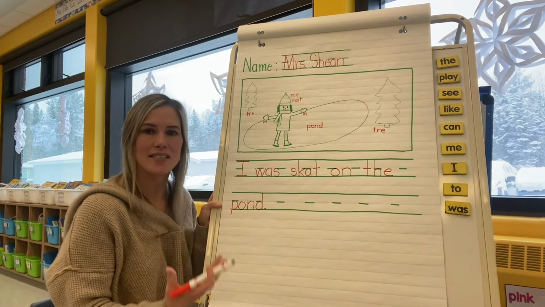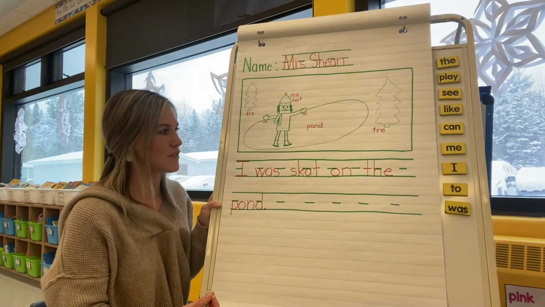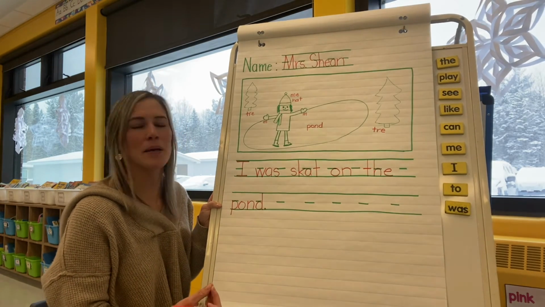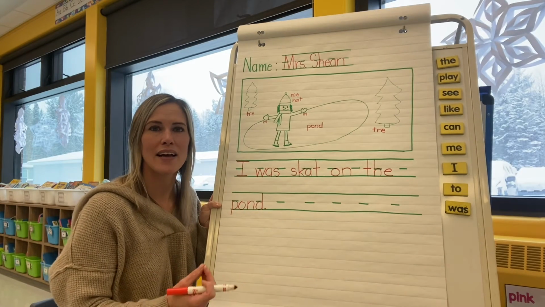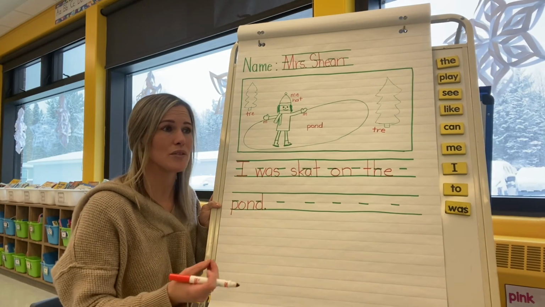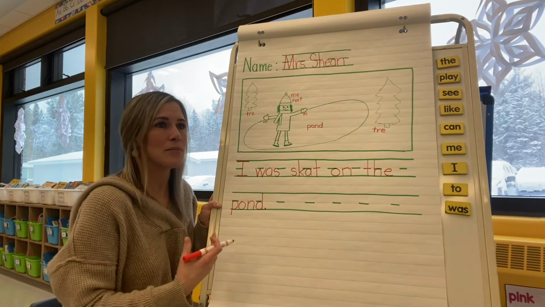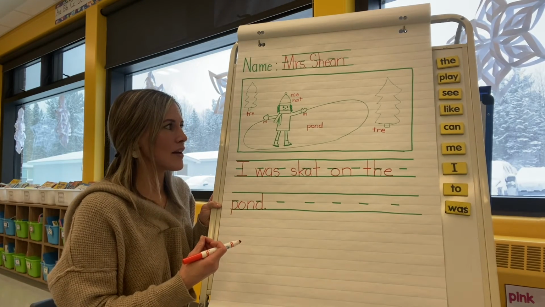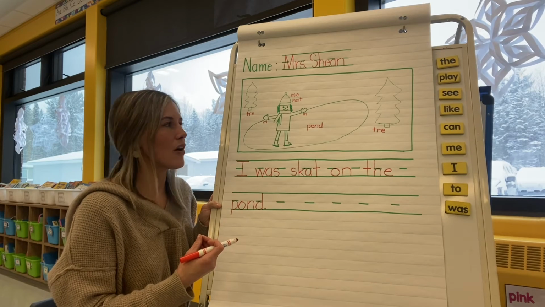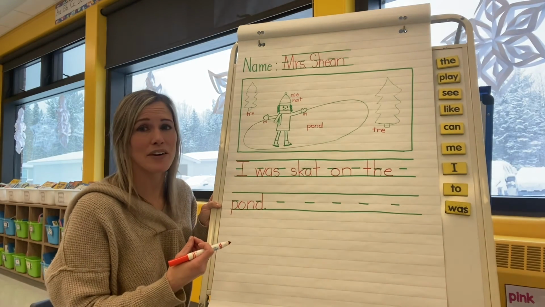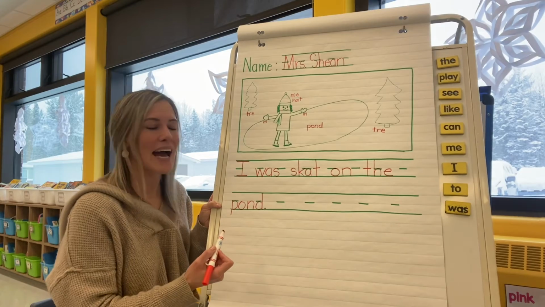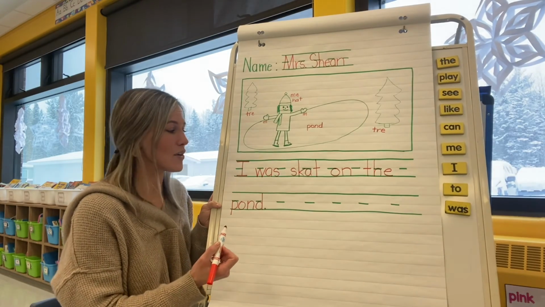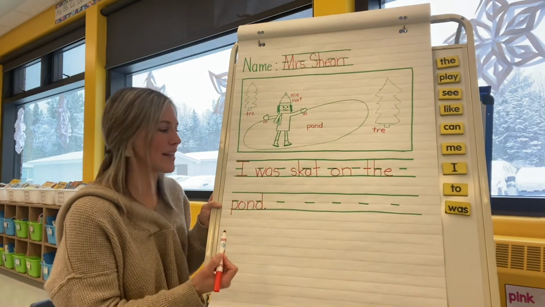So I think I'm going to take it a step further and add another sentence for today. And sometimes what I like to do in my stories, and that you're welcome to do as well, is to add sometimes a feeling to our writing. But I think I'm going to focus maybe on, I have a smile on my face, but I was very cold. So I think I'm going to add the detail that it was cold, and I can use our new sight word again.